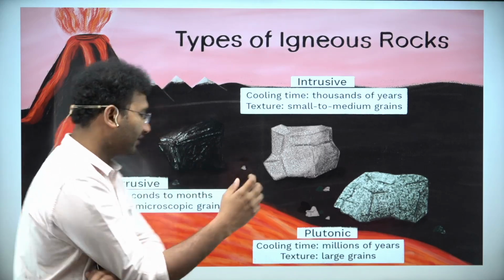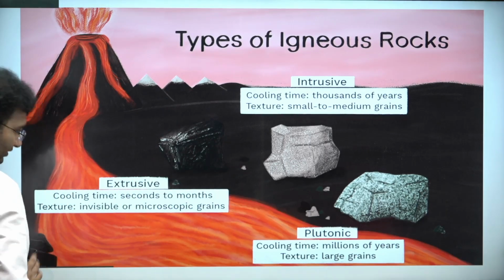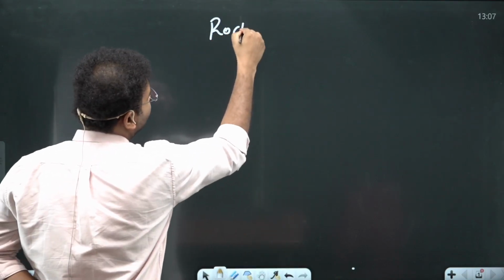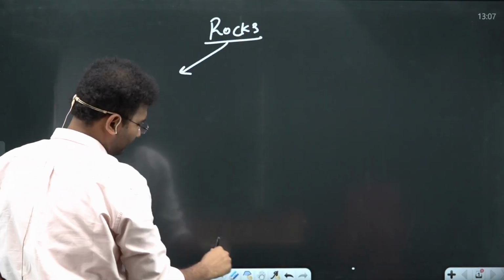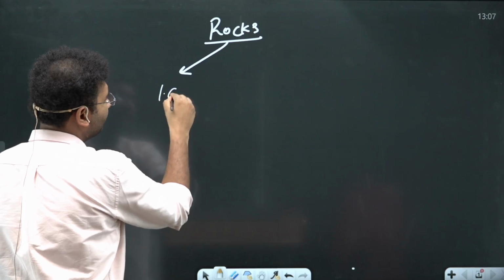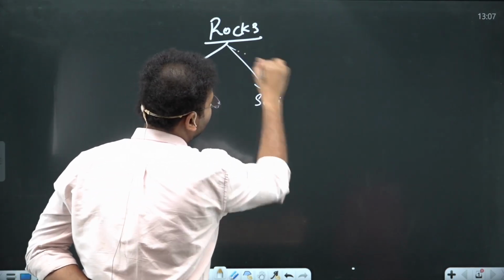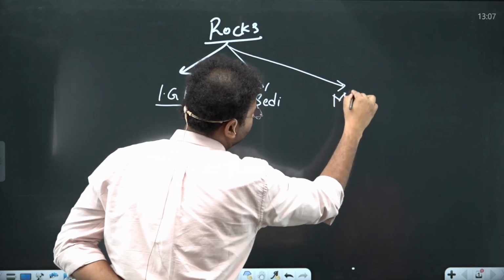So broadly speaking, rocks are divided into number 1 igneous rocks, next sedimentary, and the third one is metamorphic.